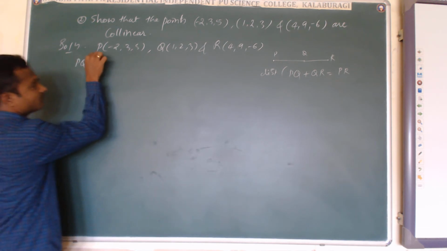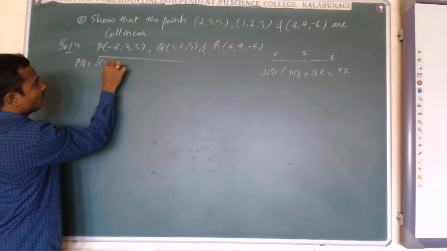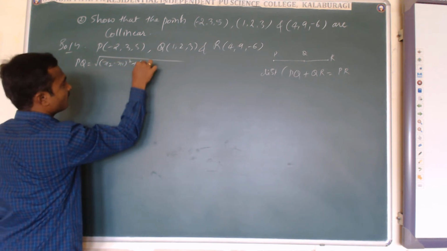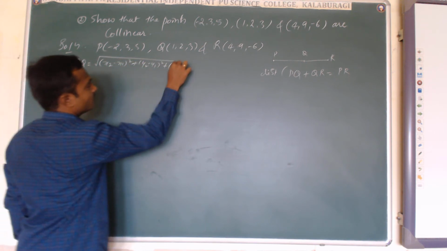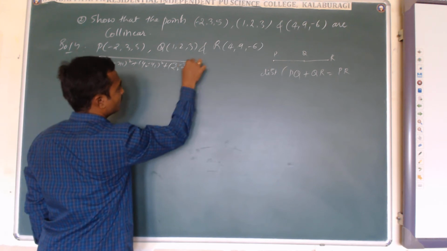We know that the distance between any 2 points is the square root of (x2 minus x1) whole square plus (y2 minus y1) whole square plus (z2 minus z1) whole square.